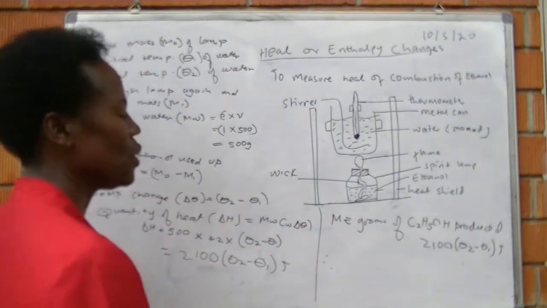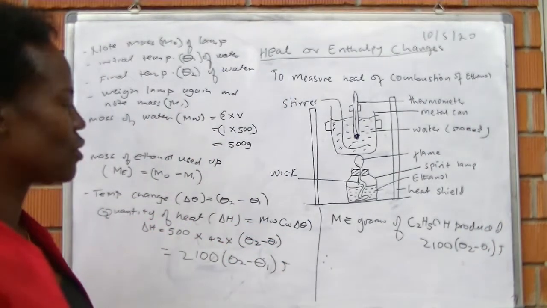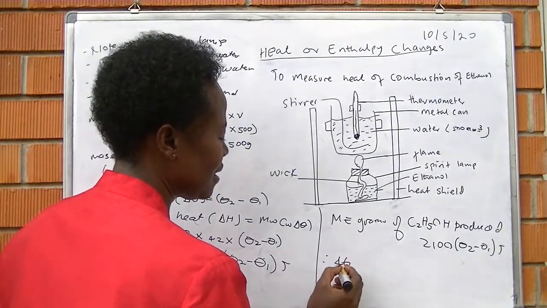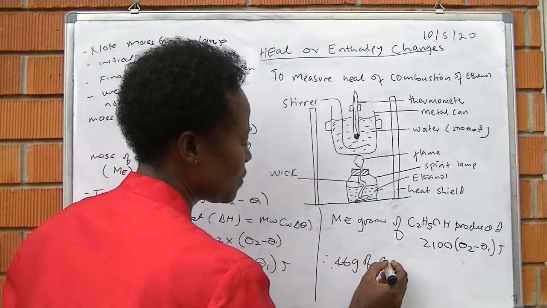What about the relative molecular mass of ethanol, which is 46 grams of ethanol?